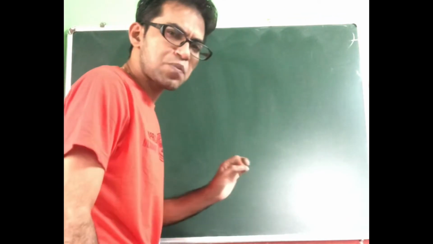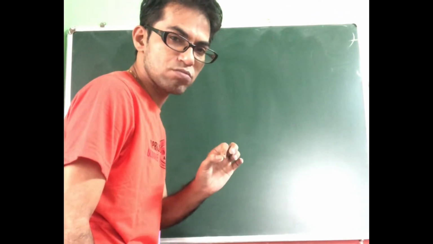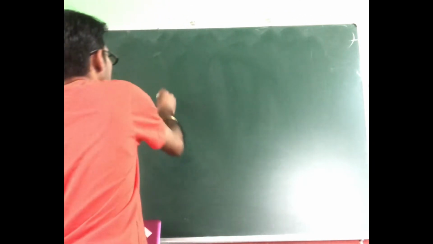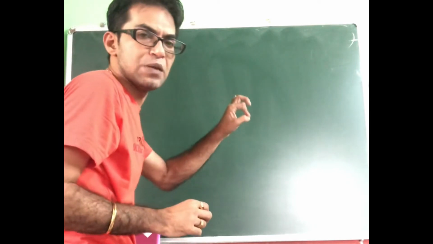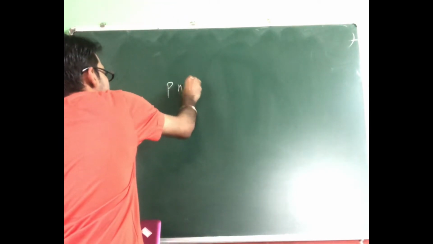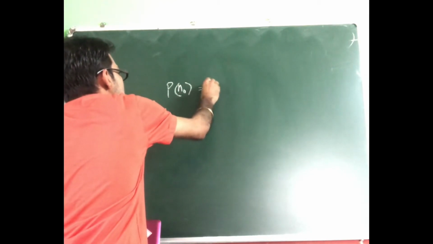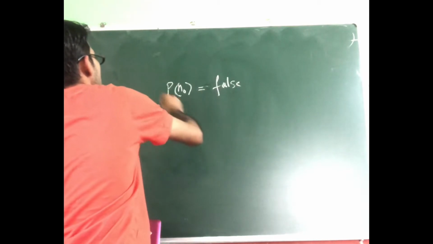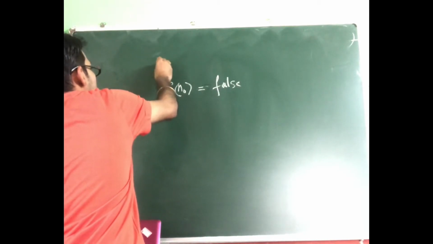The principle of mathematical induction is based on contradiction. So what we actually assume is that there happens to be some element, let's say the element is n0 in that set, which is false. We claim it, or we assume it.